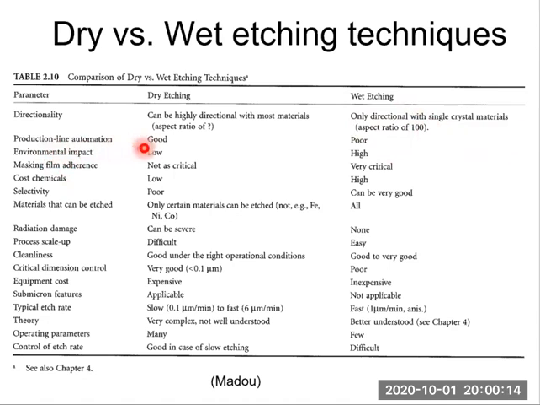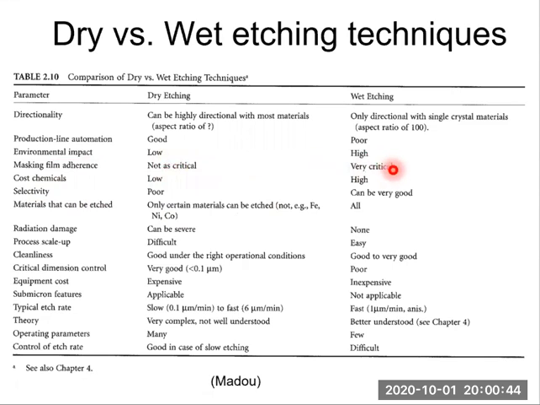Production line automation: good for dry etching, poor for wet etching. Environmental impact: dry etching is low, wet etching is high. That's because wet etching typically needs to dispose of a large amount of solution, so its environmental impact is high. Masking film adherence: for dry etching, not that critical.